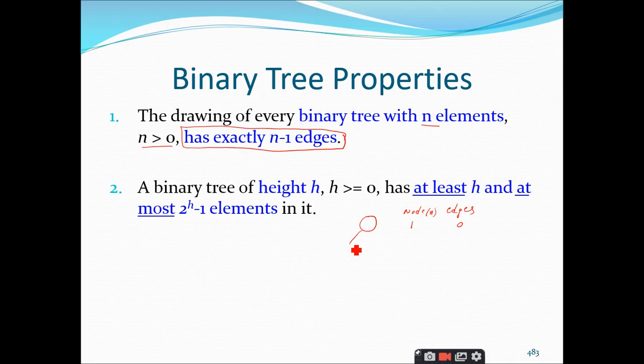If I take 2 nodes, the number of edges is 1. If I take 3 nodes, the number of edges is 2. If I take 4 nodes, the number of edges is 3. And if I take something like this, how many nodes are there? 7 nodes. How many edges are there? 1, 2, 3, 4, 5, 6.